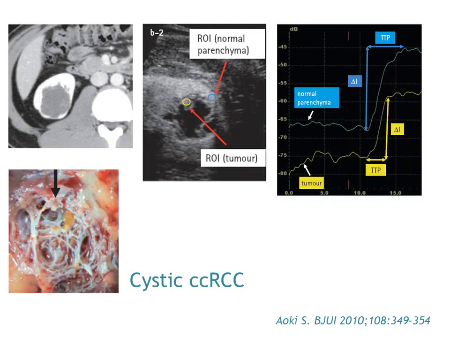This is a case of cystic clear cell renal cell carcinoma in this article. CT shows indeterminate low attenuated mass, and contrast-enhanced ultrasound shows enhancement of mural nodules and irregular septa, and time to peak of the nodule was shorter than that of the normal parenchyma.